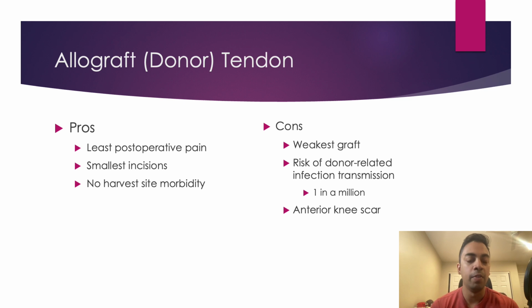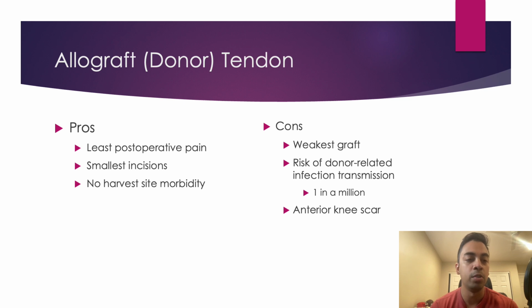The advantages of the donor tendon, in my opinion, the biggest advantage is the pain after surgery. It has the least amount of postoperative pain. Donor tendons, because you're not having to harvest the graft from yourself, have a much, much lower incidence of postoperative pain. From an incisional standpoint, it has the smallest incisions.